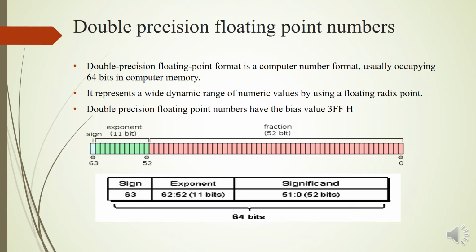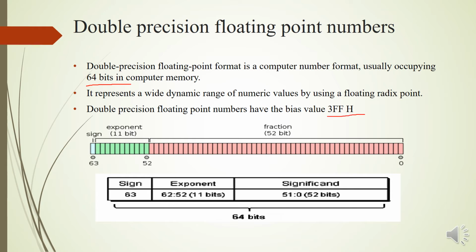Double precision floating point numbers. Double precision floating point format usually occupies 64 bits in memory. It represents a wide dynamic range of numerical values by using the floating radix point. Double precision floating point numbers have a bias value of 3FF.